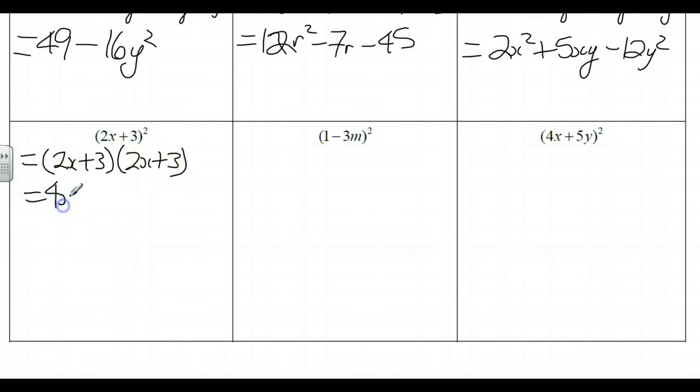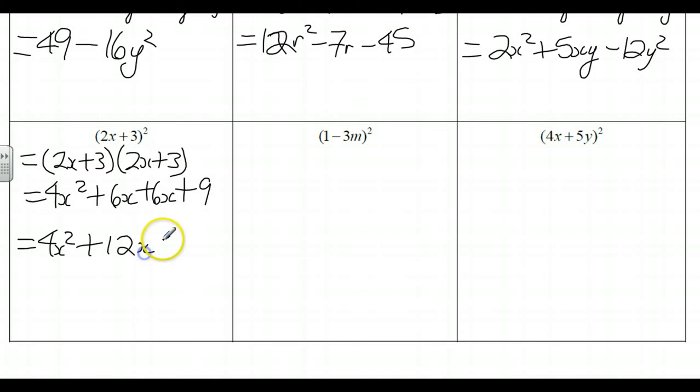So 4x squared plus 6x plus another 6x. That's actually kind of interesting, right? Plus 9. Collect: 4x squared plus 12x plus 9. And we're going to eventually find a pattern in this and find an easy way to square a binomial.